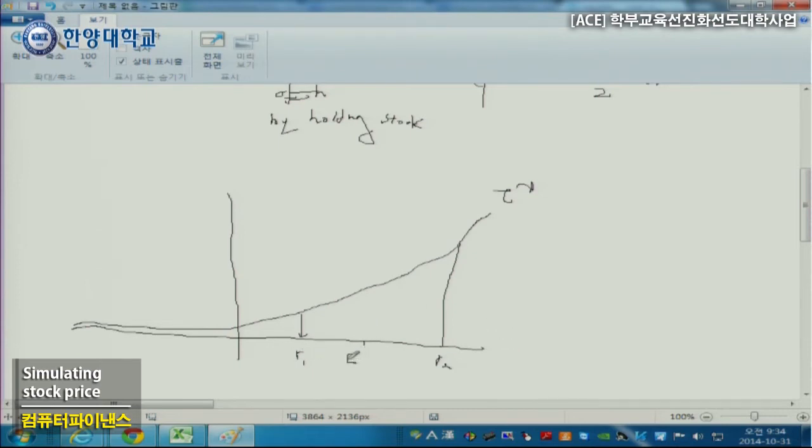This is expected return of the average, right? Then it means expectation of the average, something like that.